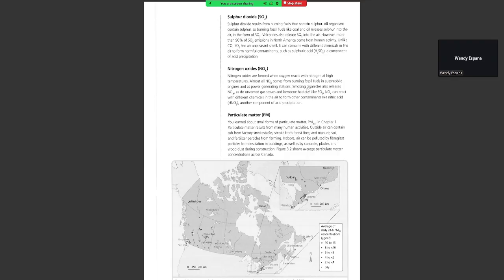You could have issues with particulate matter coming from insulation in your building. Wood dust is a big one. I've been doing some renovations in my house, and I know concrete and plaster dust. When I'm working on the drywall, that can cause a lot of particulate matter.